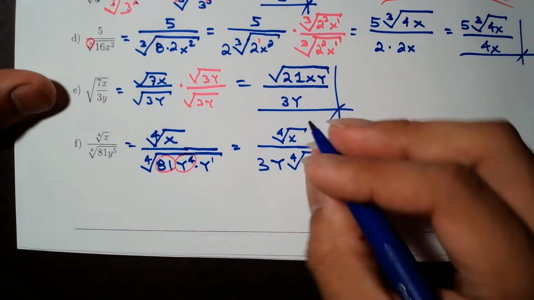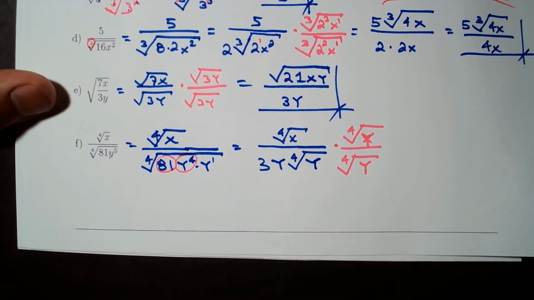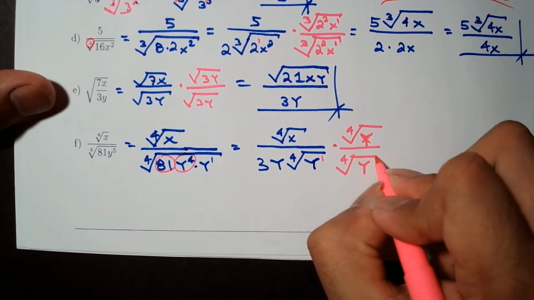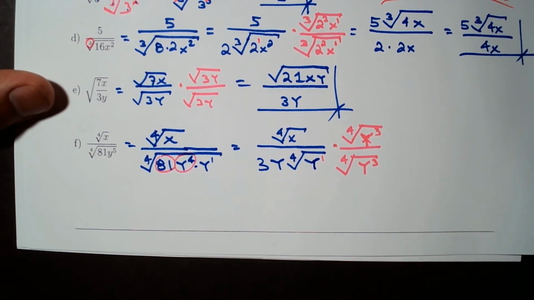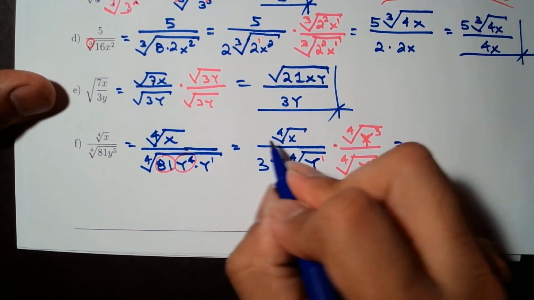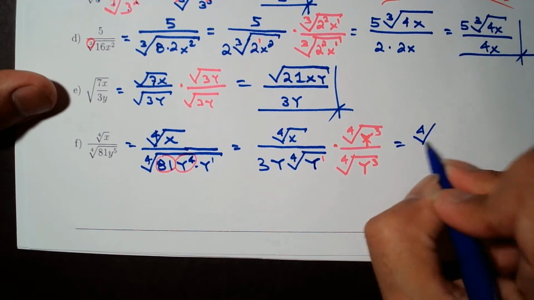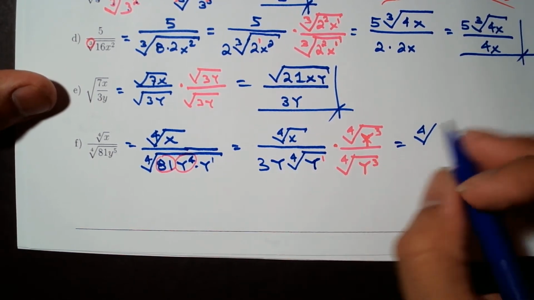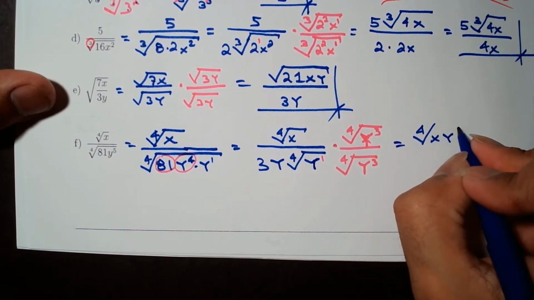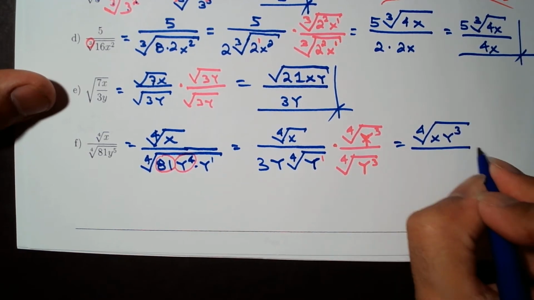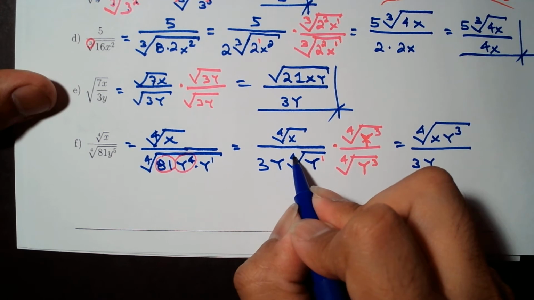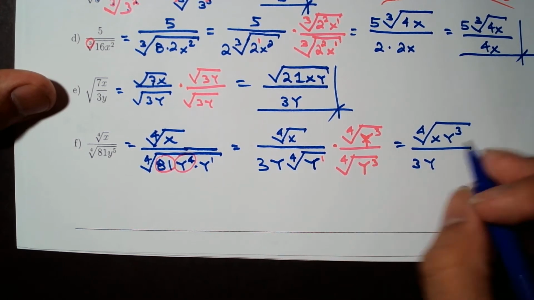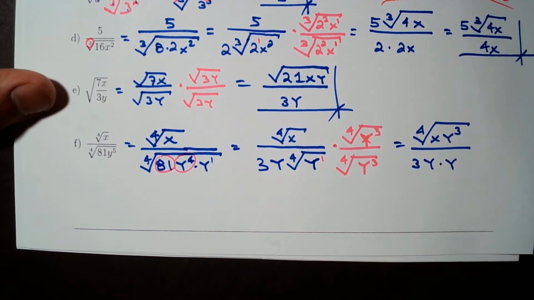In this case we have 1 out of 4, we need 3 more. So for the root, just multiply the quantities inside, that's xy to the 3rd power, and then divide by 3y times fourth root of y times fourth root of y cubed. That's going to simplify to simply y.